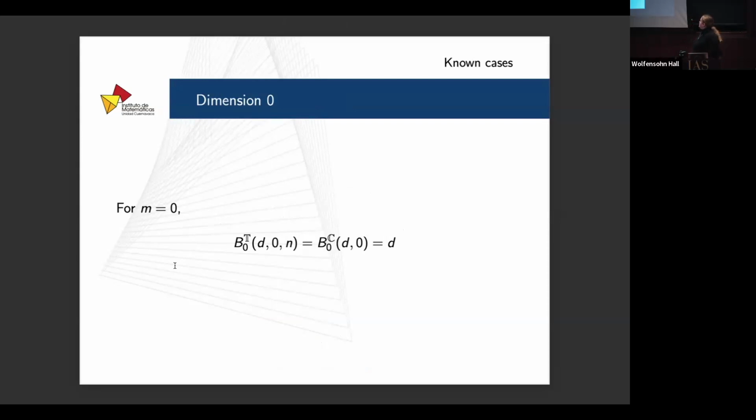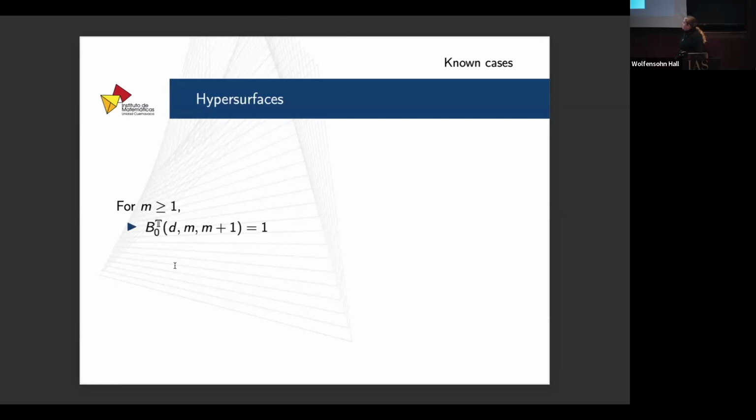The known cases: for dimension 0, the number of points in a 0-dimensional tropical variety is exactly the same as in the complex case, d. And for strictly positive dimension, in the case of hypersurfaces, we are in dimension m in a space of dimension m+1.